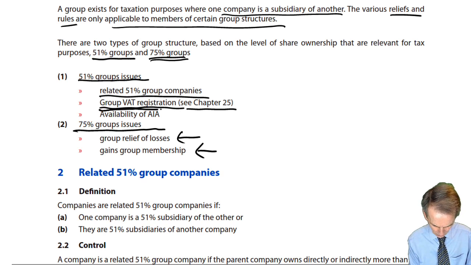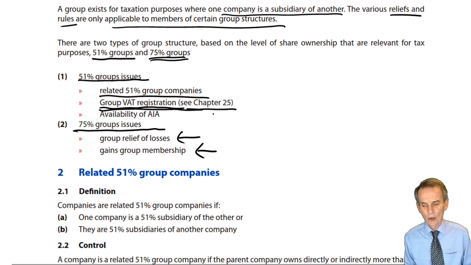Group VAT registration would mean that in our group of a parent company with 4 wholly owned or 51% owned subs, we don't necessarily have to submit 5 VAT returns for each relevant VAT return period, 1 for each company. We could bring them all together.